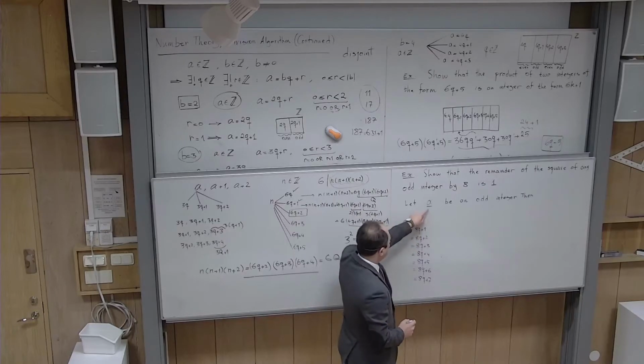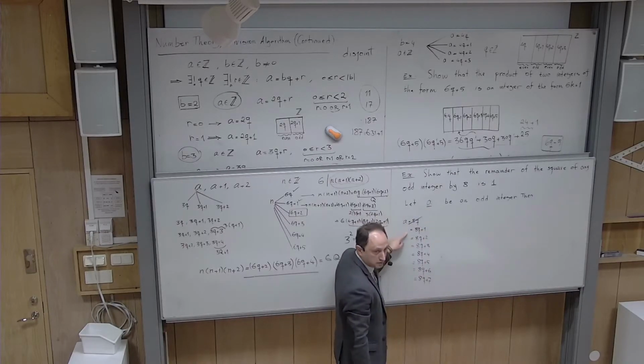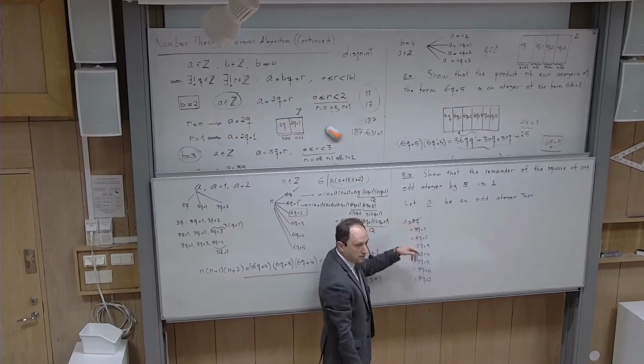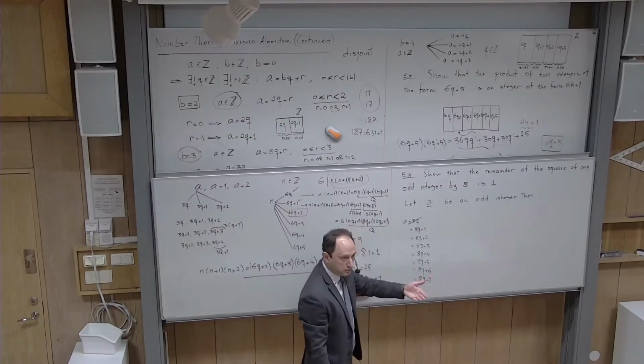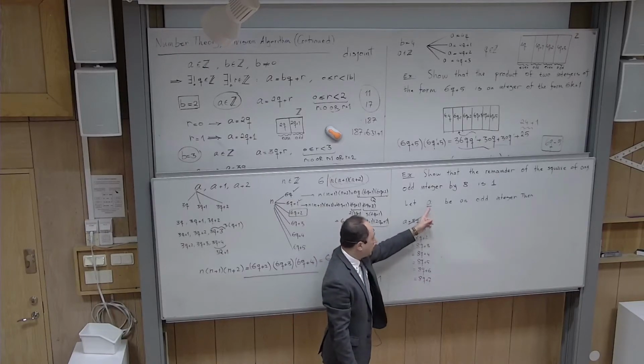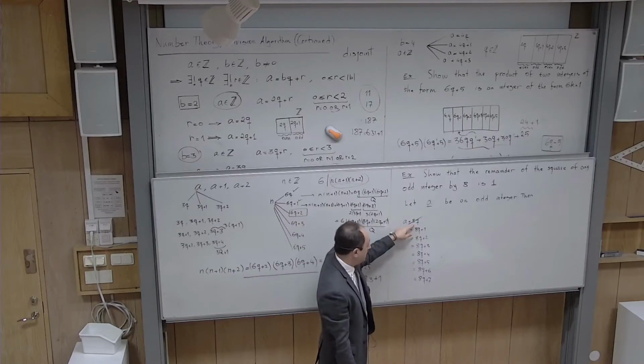But now I have told you here that a is odd. So this means that you need to cross this out, yes? Because when a number is a multiple of 8, it is automatically a multiple of 2. So it is even. So an odd number cannot be, in general, yes, any number can belong to one of these categories, but in this case that a is odd, a cannot belong to 8q.